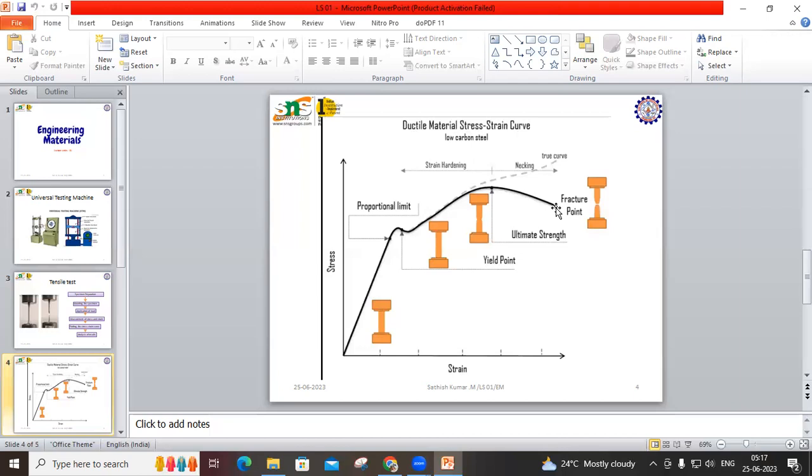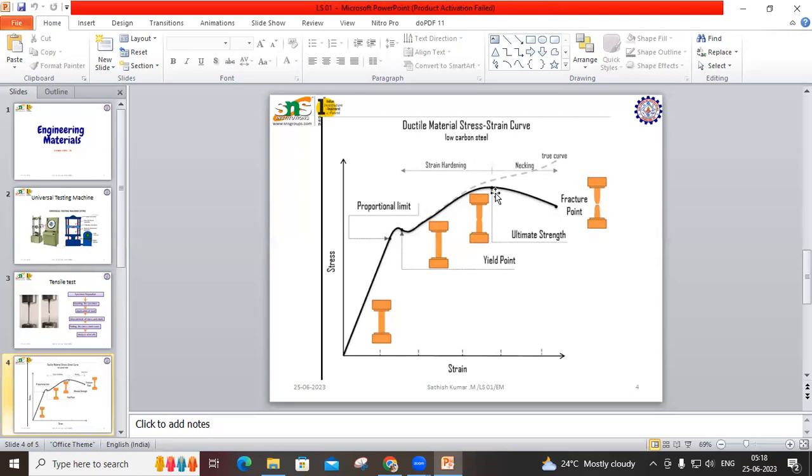The fracture point is the point where the material fails. Every metal used in the engineering field has to be subjected to this tensile test to find the ultimate strength of the material. That will serve the purpose of usage in the engineering field.